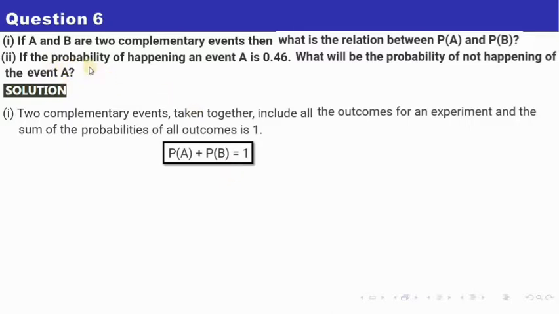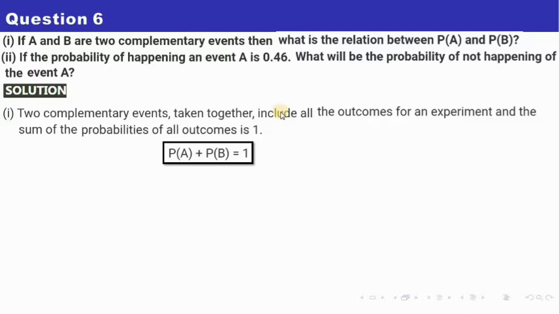Let us see the second part. The second part says, if the probability of happening of an event is 0.46, what is the probability of event A not happening? It is again just the opposite of happening. Suppose event A happens, and not happening is your complementary event.